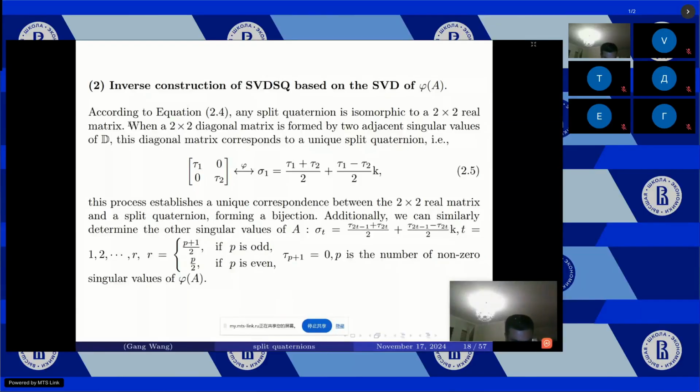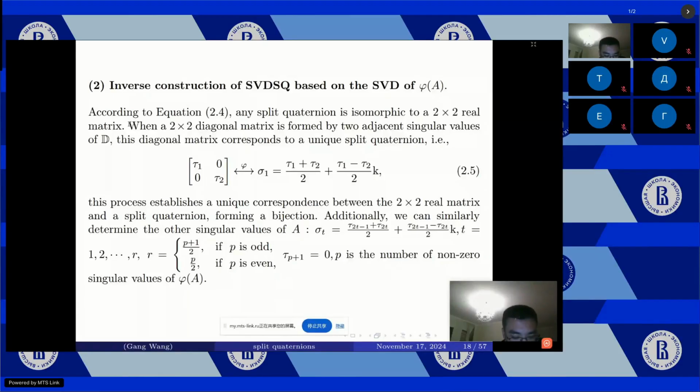Following this principle, we can pair adjacent diagonal elements in matrix D to form a diagonal matrix corresponding to a split quaternion. As shown in equation 2.5, each of these paired elements uniquely identifies a split quaternion, representing a singular value of the original split-quaternion matrix.